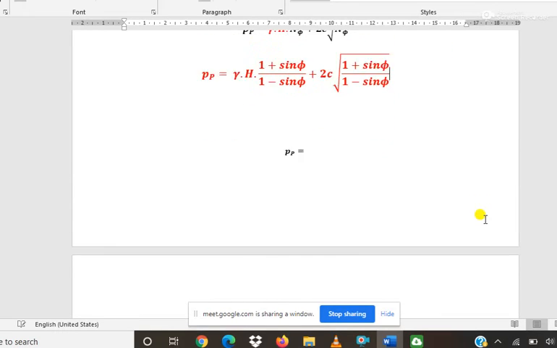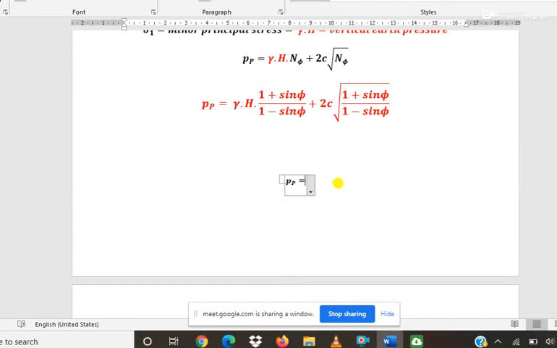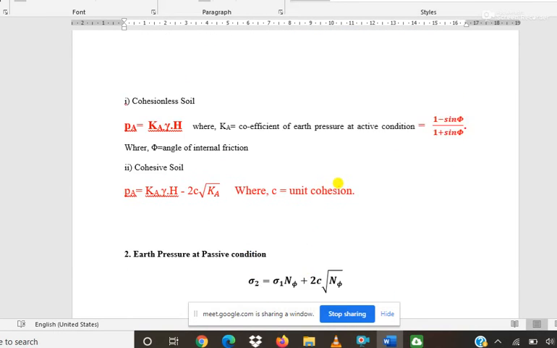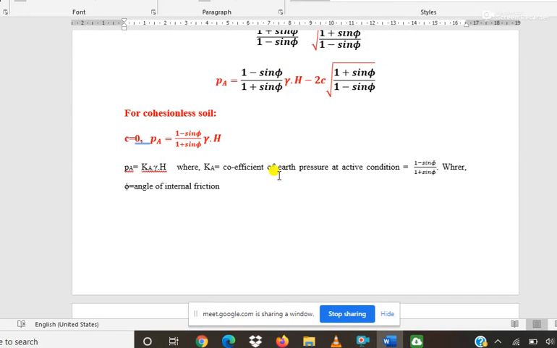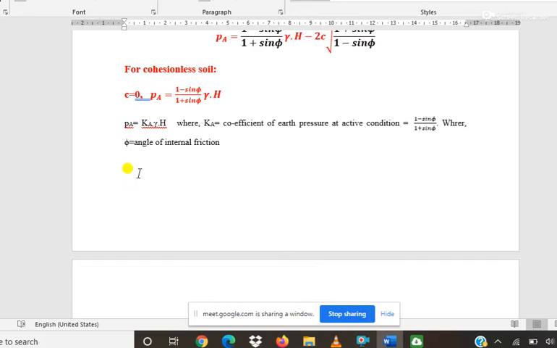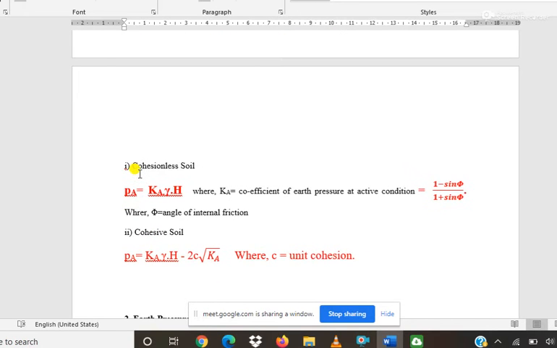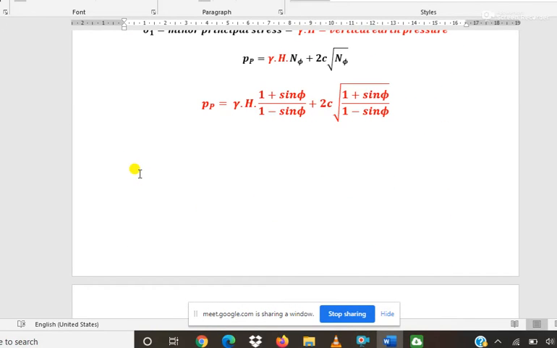Now coming to the case of cohesion-less soil or cohesive soil.